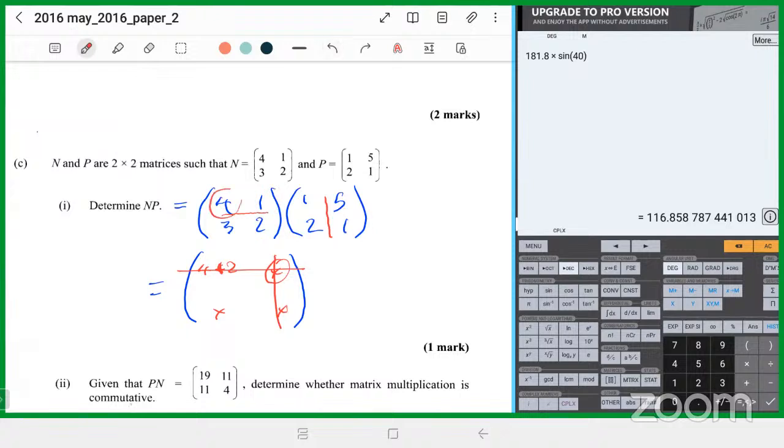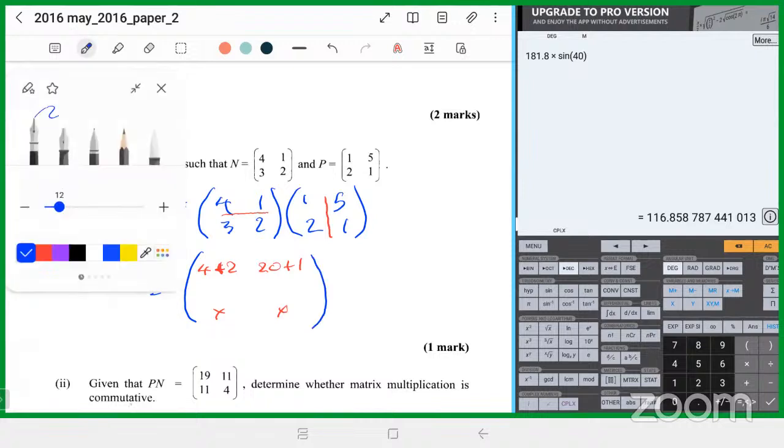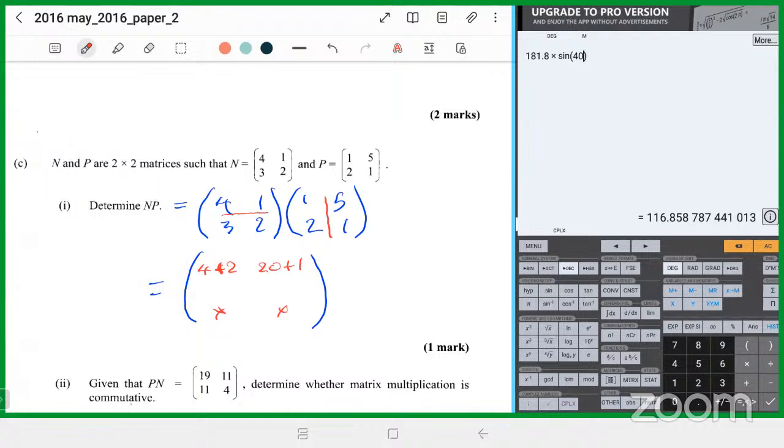So 4 times 5 is 20, 1 times 1 is 1. Let's move this bracket over here.